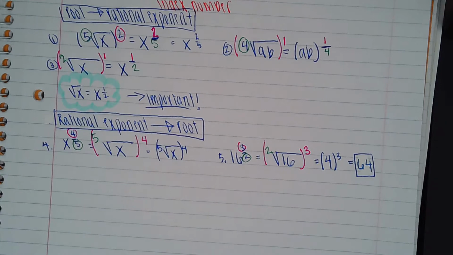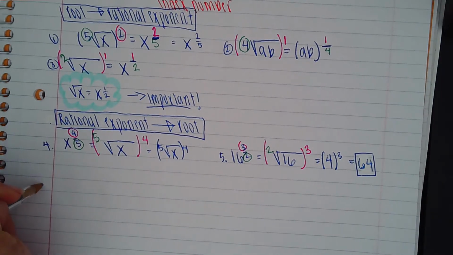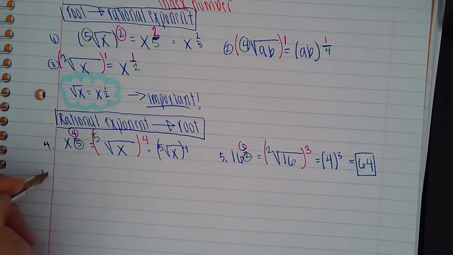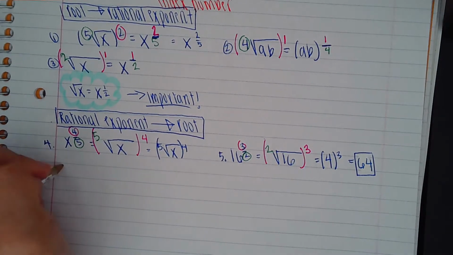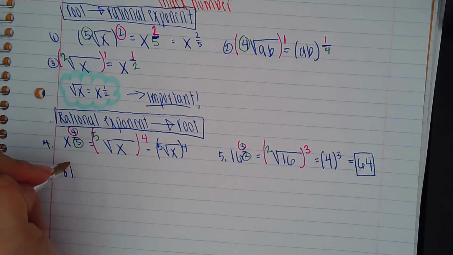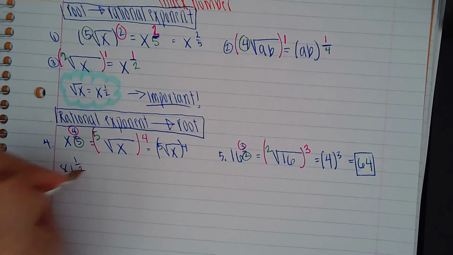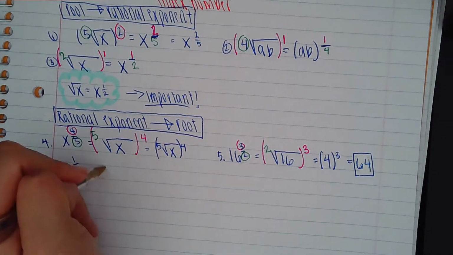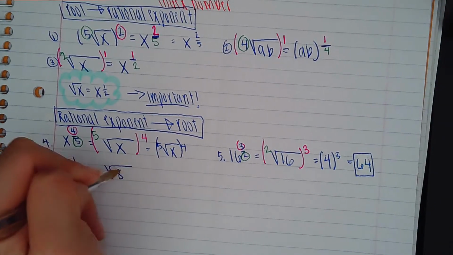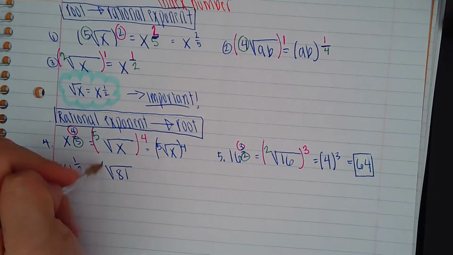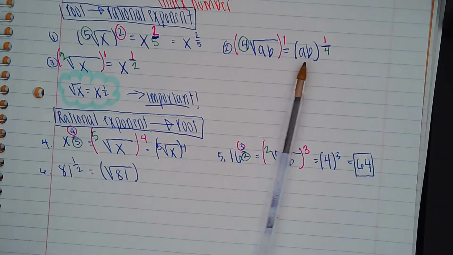All right, let's try it again. Let's go ahead and do number 6. And we will do 81 to the 1/2. All right, I'm going to start with my 81 under the radical again. I'm going to put my parentheses around this.